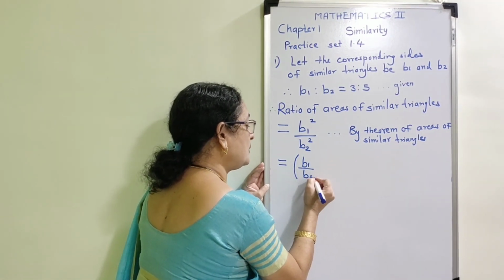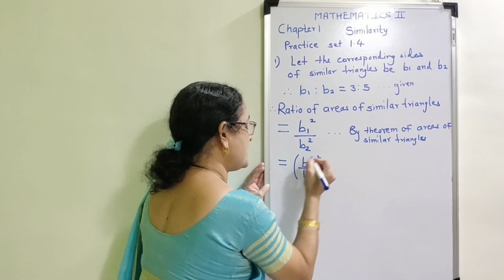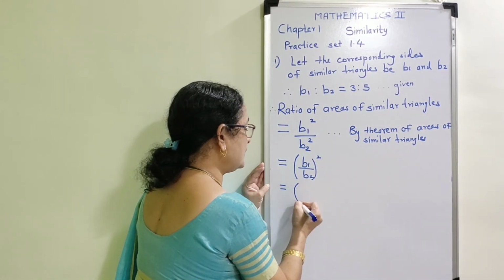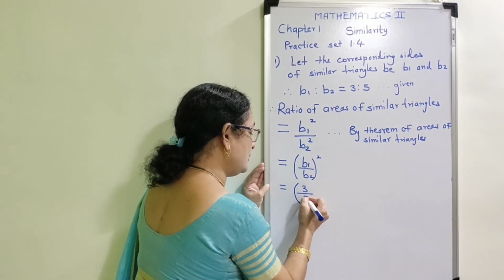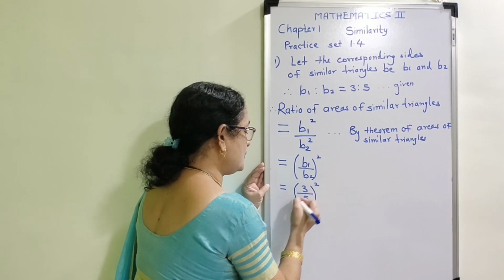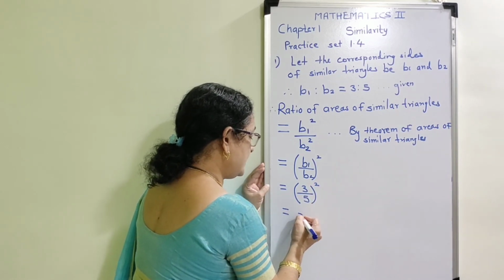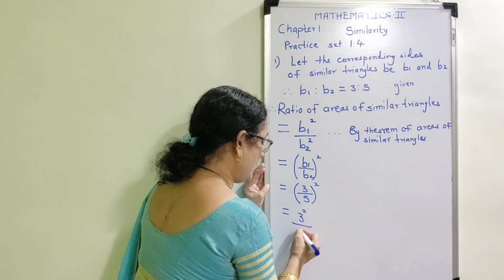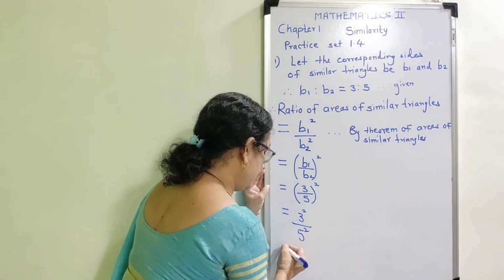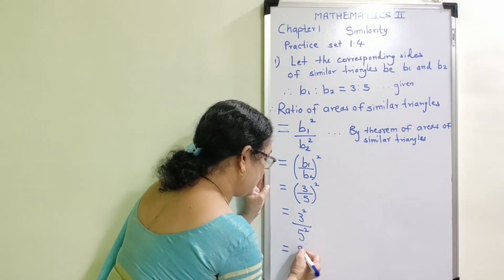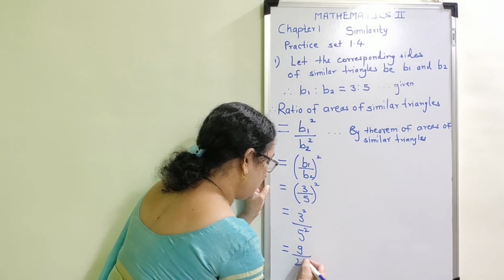Therefore B1 upon B2 the whole square. But we know that B1 is to B2 is 3:5. Substituting the given values, the whole square, that is 3 square upon 5 square. And we know that 3 square is 9 and 5 square is 25.